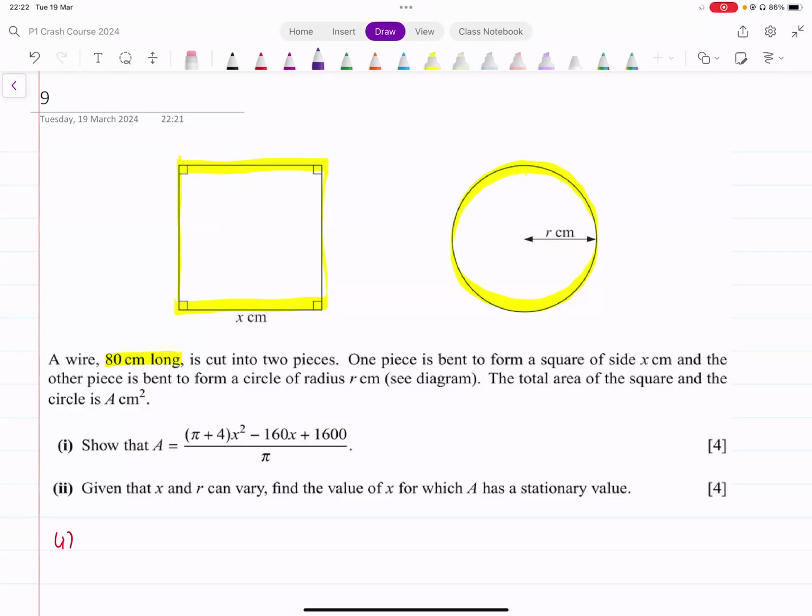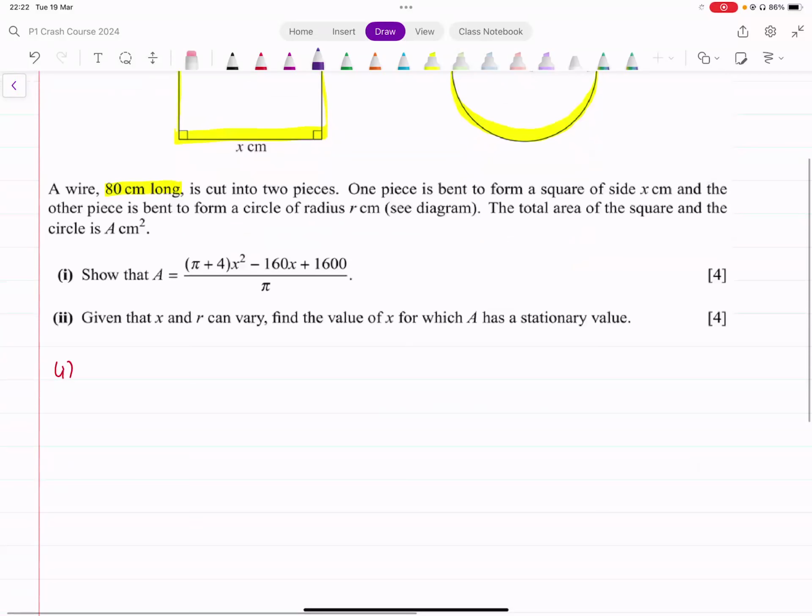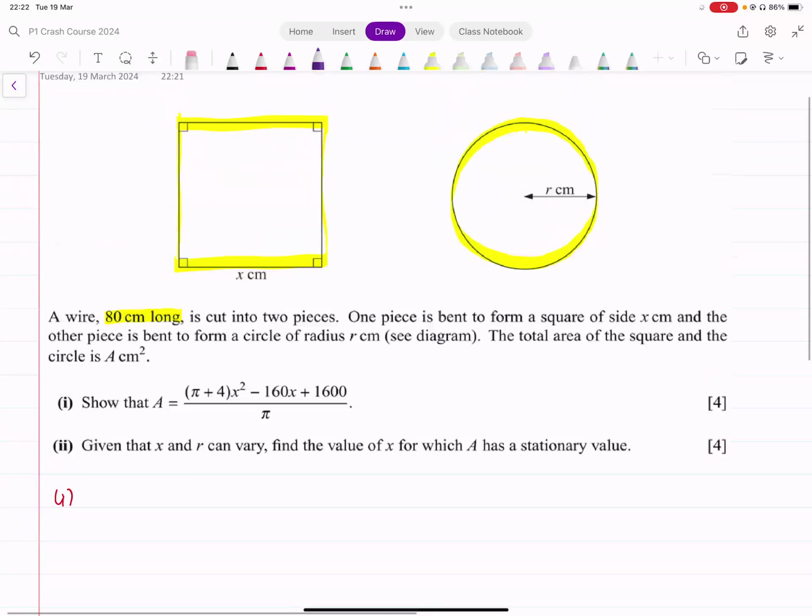Okay, so what we can do is we can make an equation like this, that the sum of all of these sides, the 4 sides of the square and the circumference of the circle, the sum of all of these should be equal to 80, right? Because these sides are all made using this 80 centimeter long wire. Let's make an equation using that. So what's the perimeter of the square?